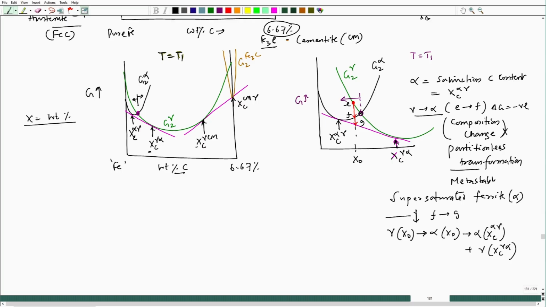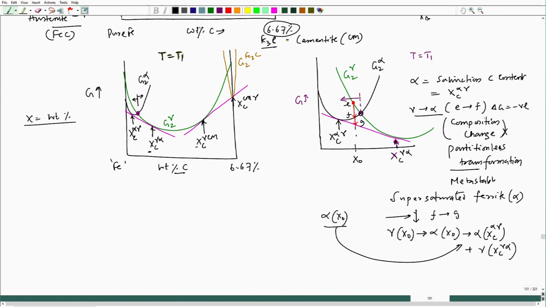So, initially it was alpha of x naught, and it goes to alpha. Like that, two stage transformations can be possible.